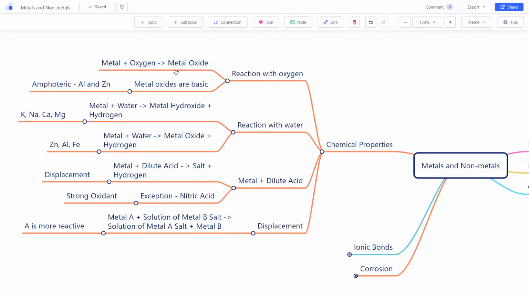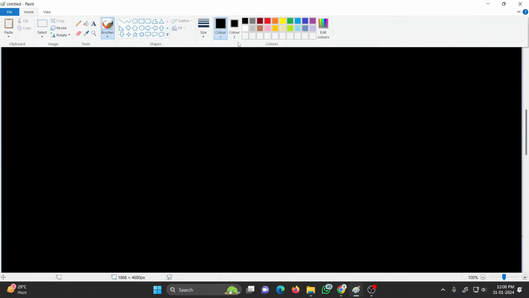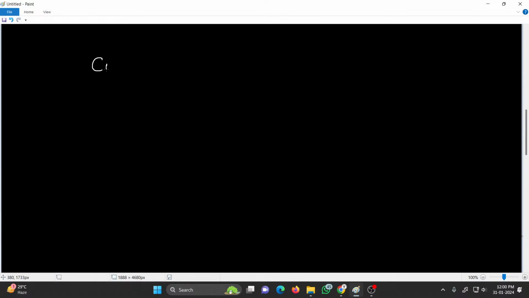For example, when copper is heated in air, it forms a black color copper oxide. Reaction is Cu, copper. When it is heated in air, it doesn't catch fire, but it produces black color copper oxide.